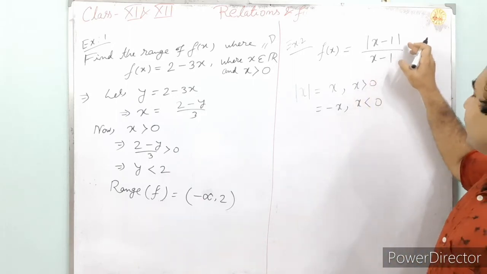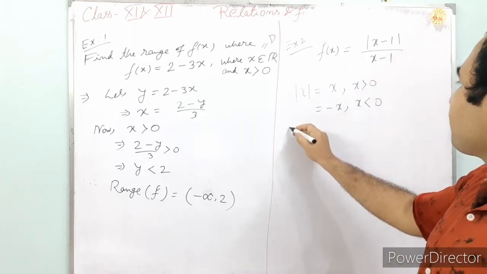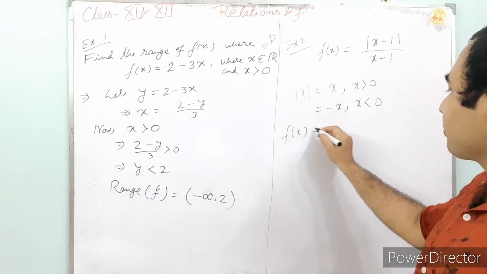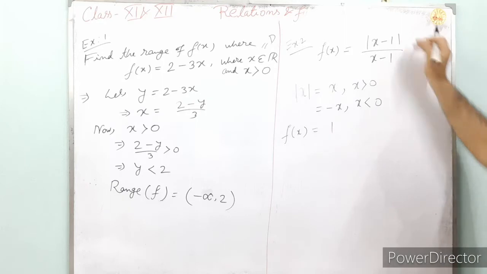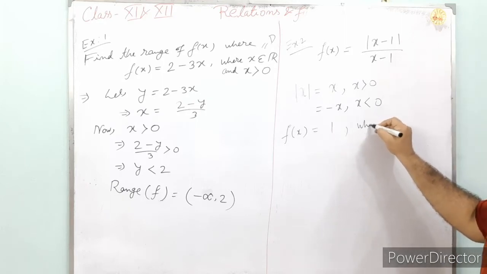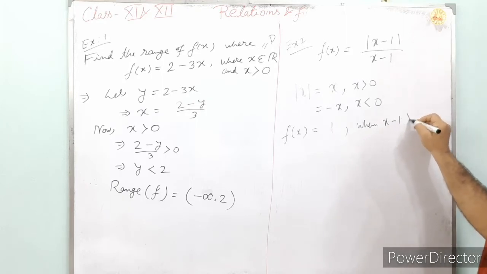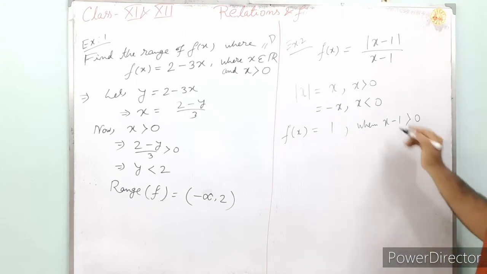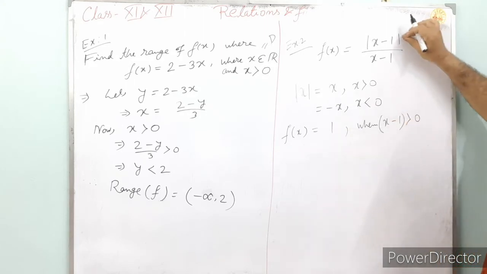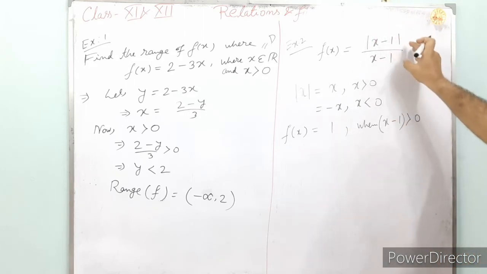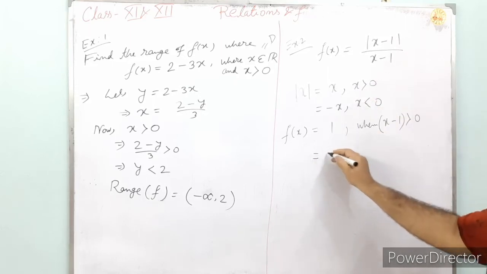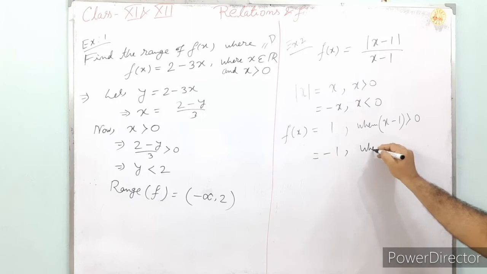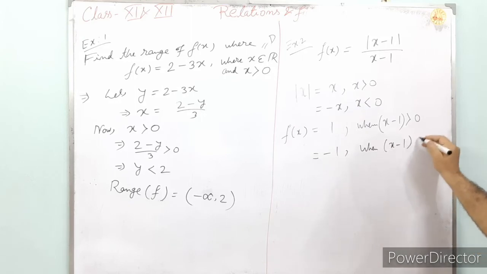Now here also f(x) will be 1 when x - 1 is greater than 0. When this value is greater than 0, it is positive, and (x - 1)/(x - 1) comes to 1. It will be minus 1 when x - 1 is negative.